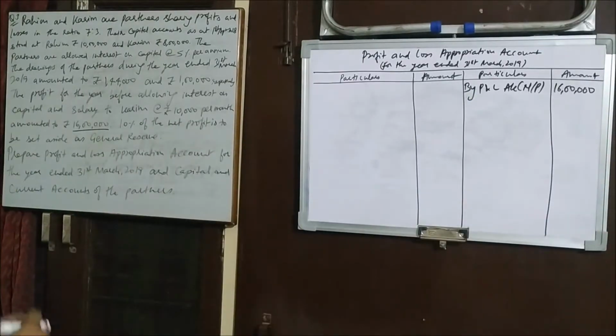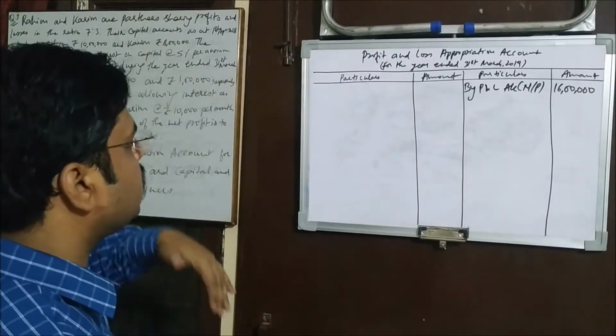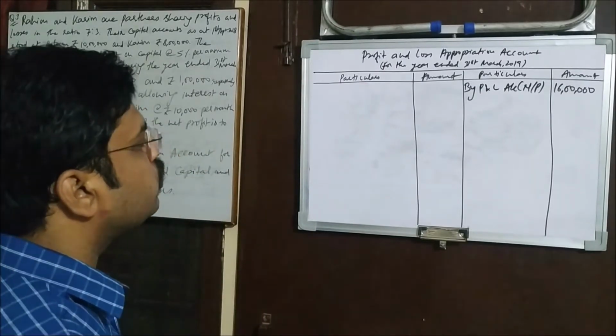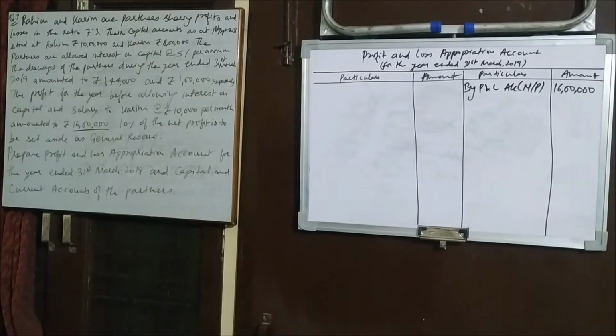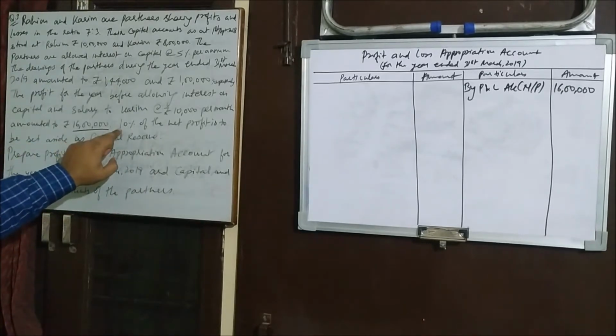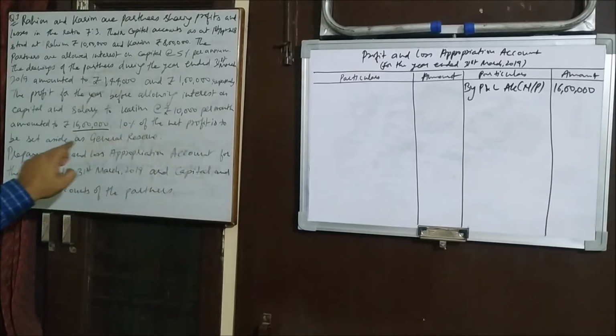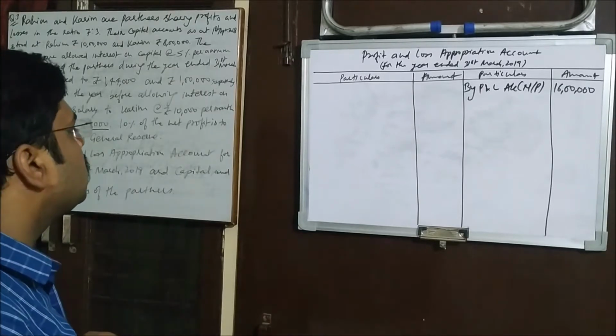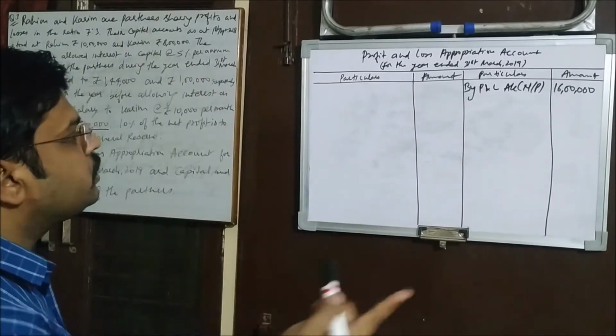Now we need to see the debit side items, whether it is salary, interest on capital, commission, or transfer to reserve, etc. Yes, one thing related to reserve is given there. 10% of the net profit is to be set aside as general reserve. In earlier question, how much amount was to be transferred? That was on the basis of divisible profit.